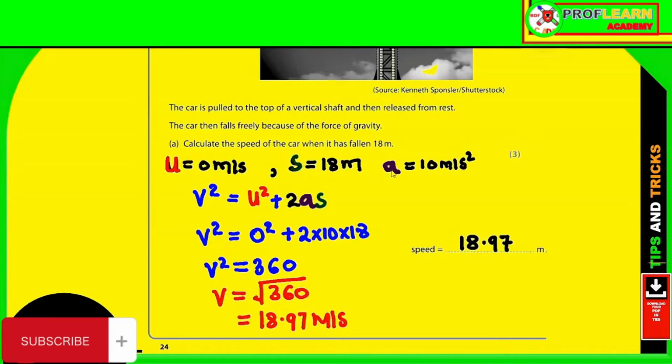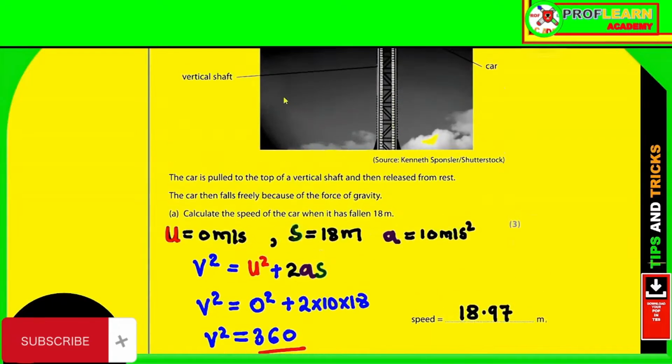Now, since we are given acceleration and we are finding final velocity, we're going to use this equation of motion. Of course, we have other equations of motion. Let me list them so you can see them. One equation of motion is v equals u plus at.